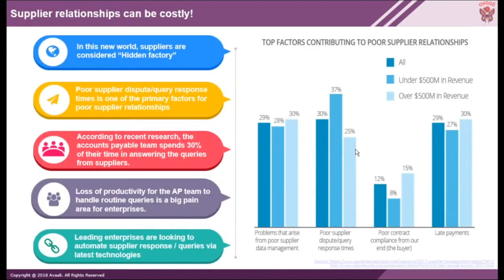So let's look at some research figures and what are the top factors contributing to poor suppliers relationships. So from various research, we find that there are a lot of inherent problems or hidden problems when it comes to the communications with suppliers.